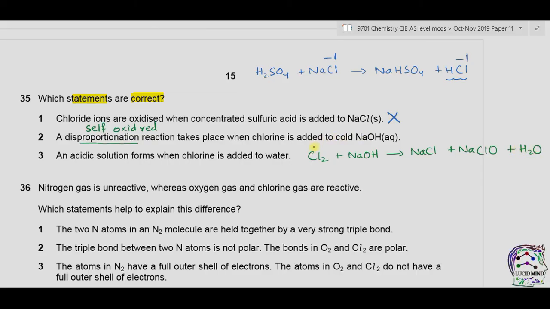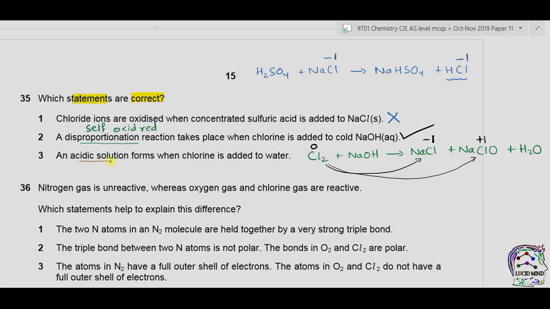The oxidation state of chlorine in the reactant is 0 as it is in molecular form. In sodium chloride it is -1. In sodium chlorate it is +1. So reduction and oxidation have taken place, therefore this is called a disproportionation reaction. 3.